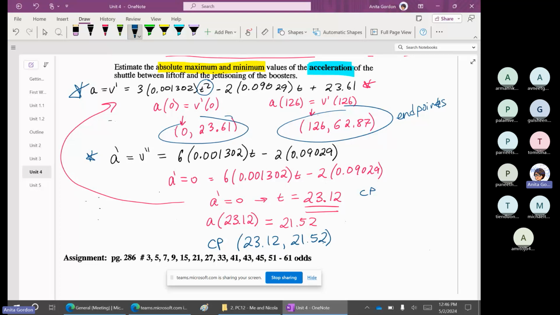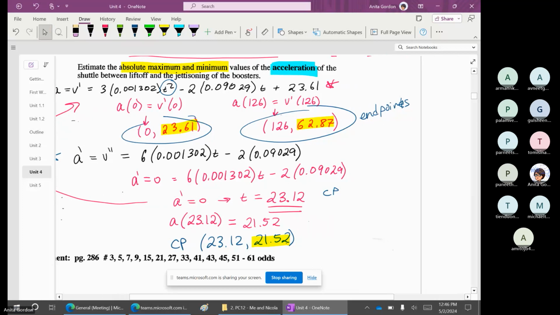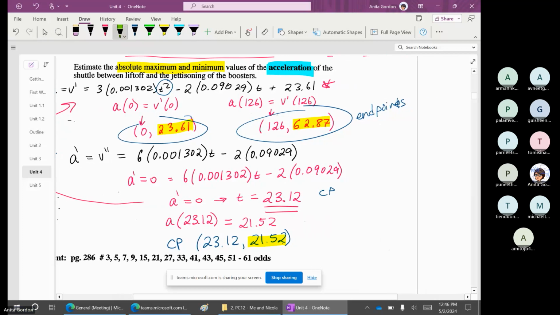So now I'm comparing the extremes. What can you tell me about it?